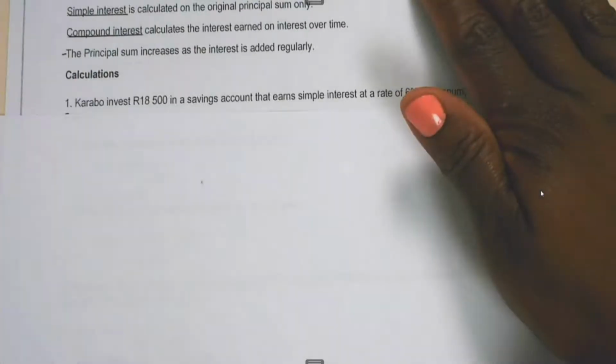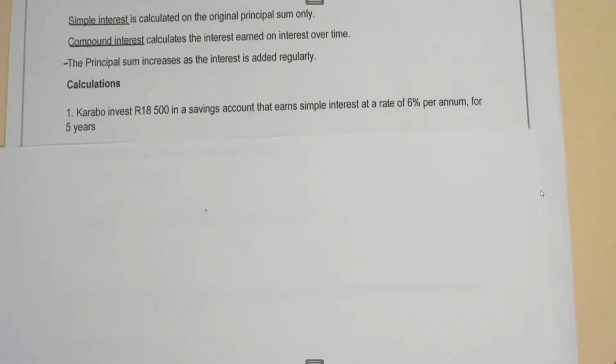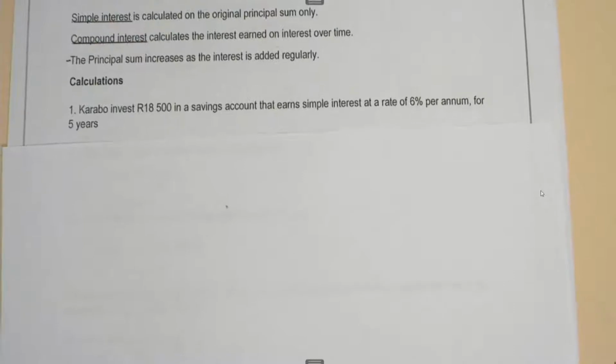So under the calculations, we have a question where we have Karabo, who invests 18,500 rand in a savings account that earns simple interest at the rate of 6% per annum for 5 years. Like we said, we need to consider the three things.